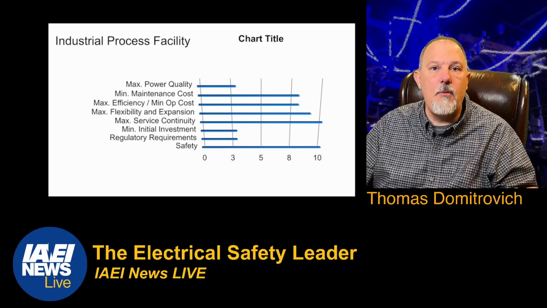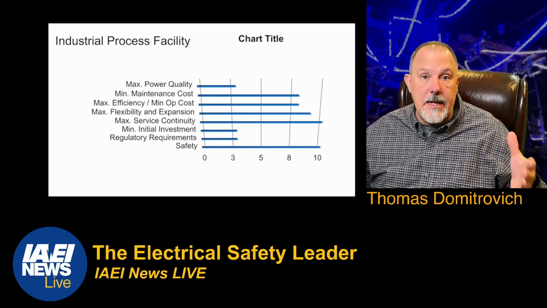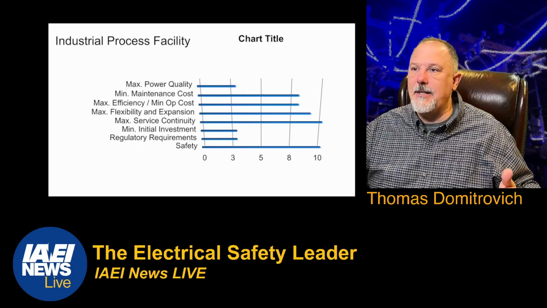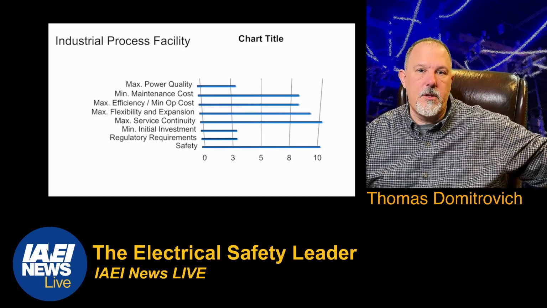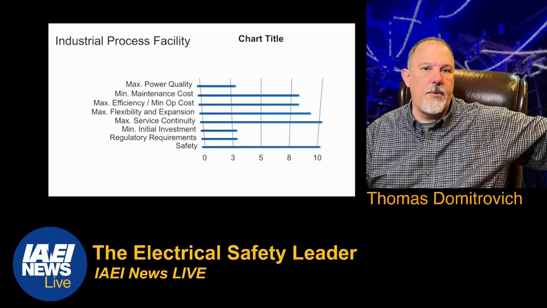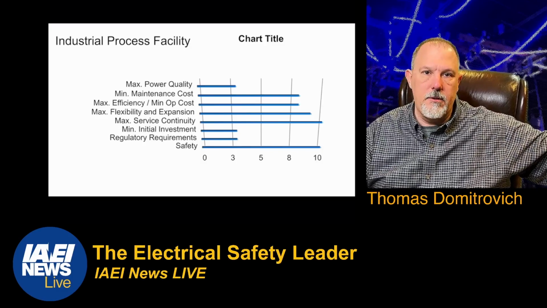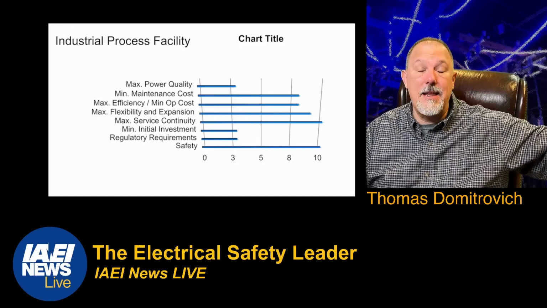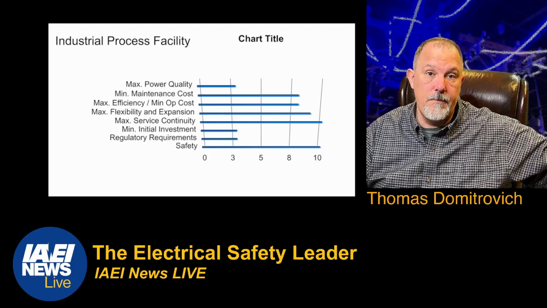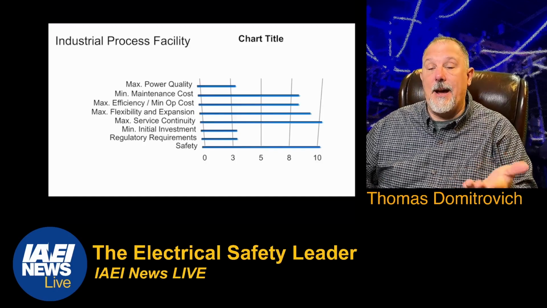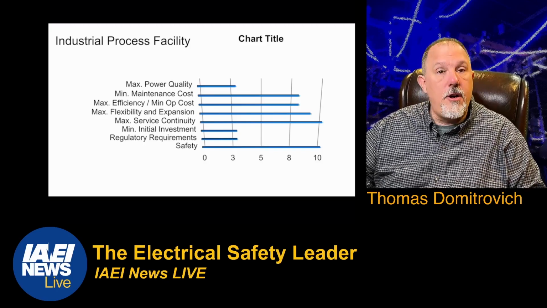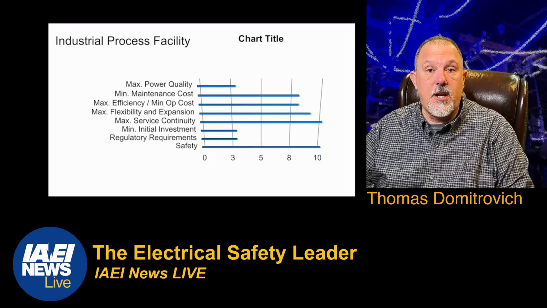Or maybe they said, I want my transformers larger than what I need. Maybe they said, I need 400 amp panel boards and not 200 amp panel boards, even though they're only putting 60 amps on that panel board. They're making that decision for a reason. Value engineering things like that out would contradict your customer's goals and objectives.